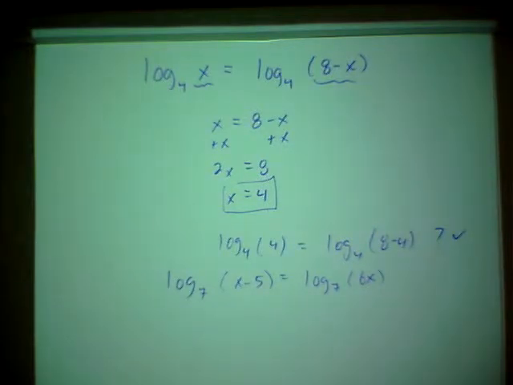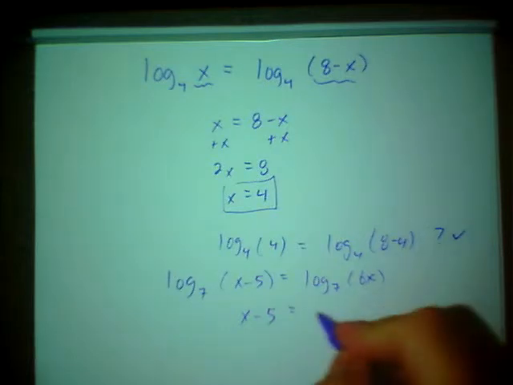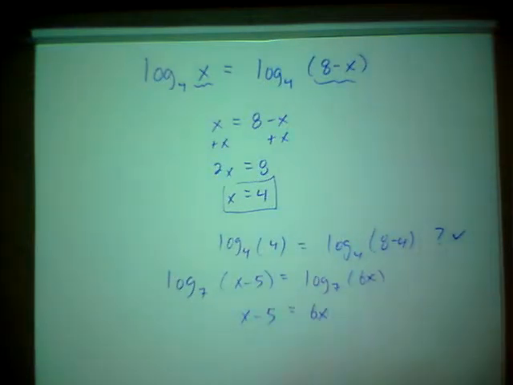All right, same thing. This equation simply has two terms. They're both log terms. So we can simply set x minus 5 equal to 6x. I can solve for x, but please don't forget, I do have to check my solution. It's not optional.